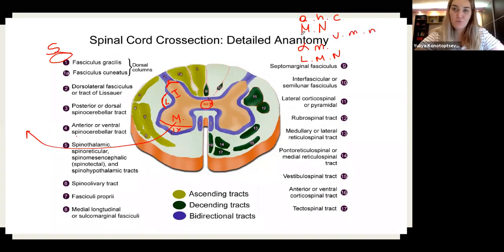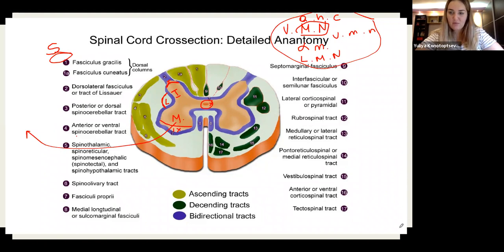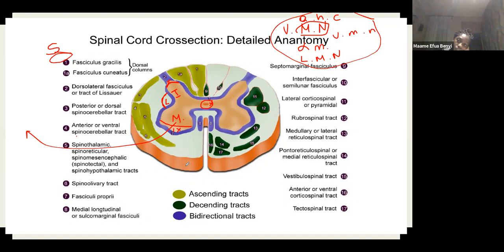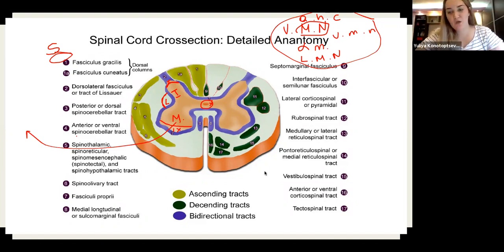Okay, I just wrote motor neuron, but you should add here ventral motor neuron because it is in the ventral horn. So these are a bunch of names, and quickly, so you're with me, what are they doing? It's one cell with all the different names, but what is the cell doing? Innervating skeletal muscle. Perfect, it's innervating skeletal muscle.